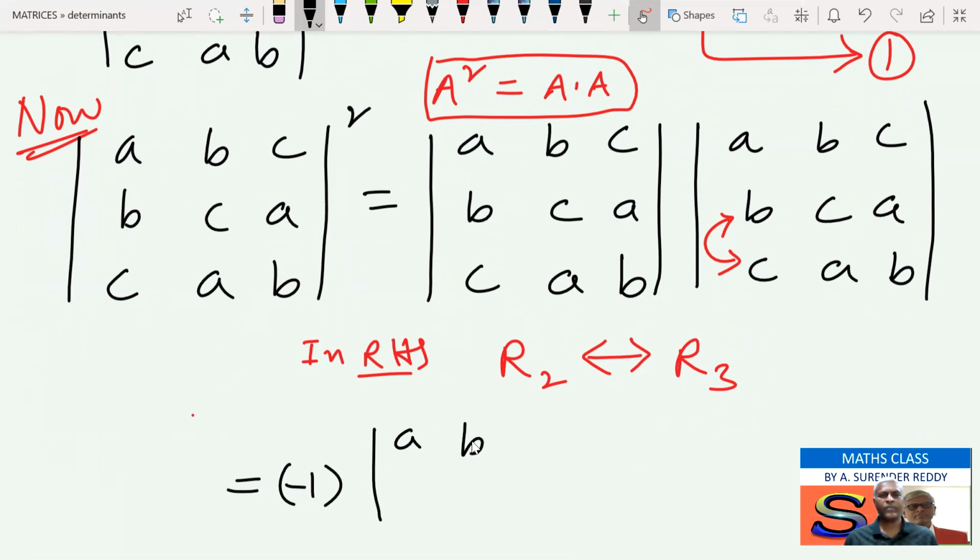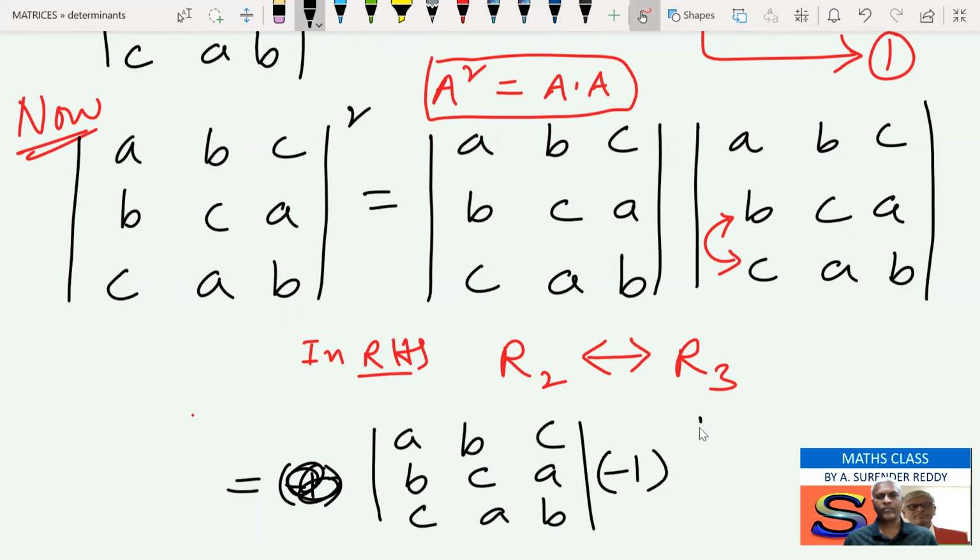So this one is the same, ABC, BCA, CAB, and ABC as it is. Now let us write minus 1 here. R1 is the same, ABC. In place of R2 I am writing R3, that is CAB.